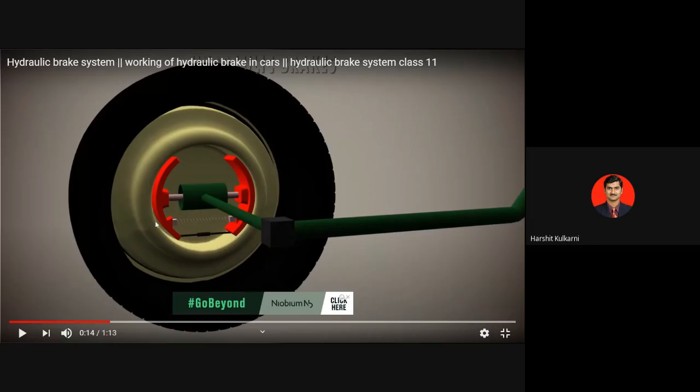There is a spring which has avoided the contact. Once you press the brake pedal, you can observe the blue colored oil starts entering into this hydraulic chamber. You have two pistons, and at the center the oil starts pushing those two pistons. Just observe.